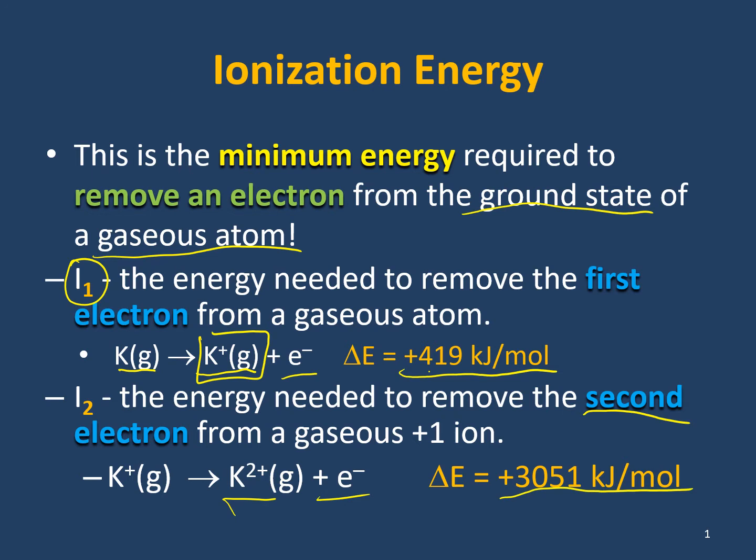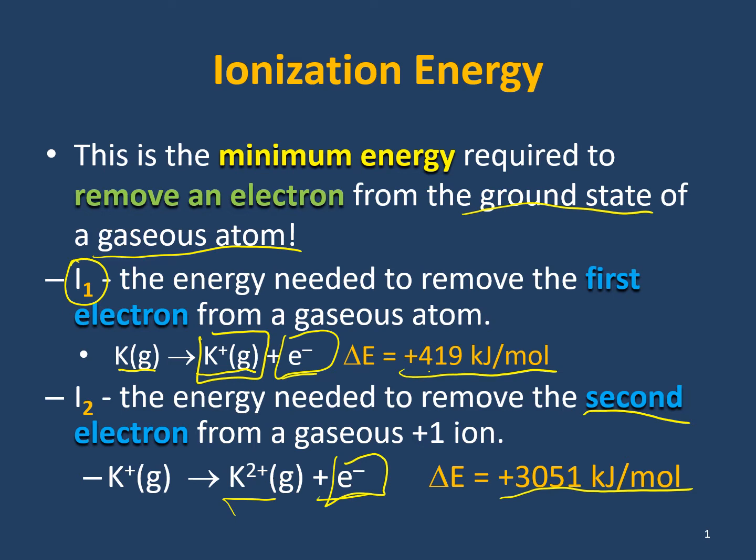The reason is that the first electron we removed is a valence electron, whereas the second electron is a core electron. It's within the inner shells of our electron configuration, whereas the first one is in the outermost shell, so it was easier to remove.